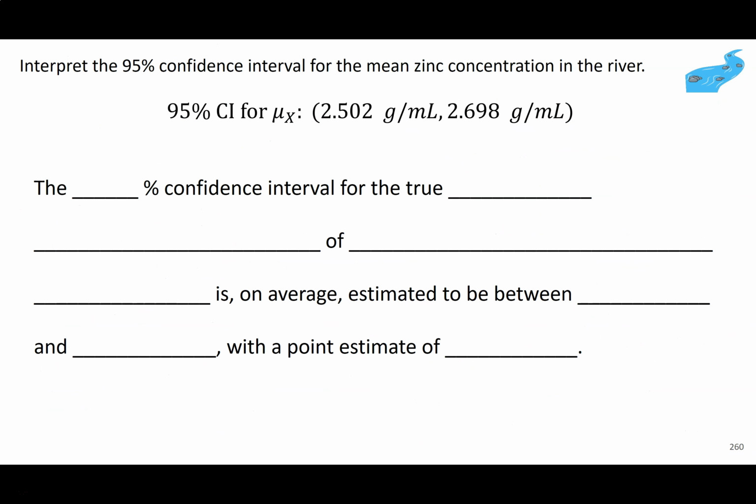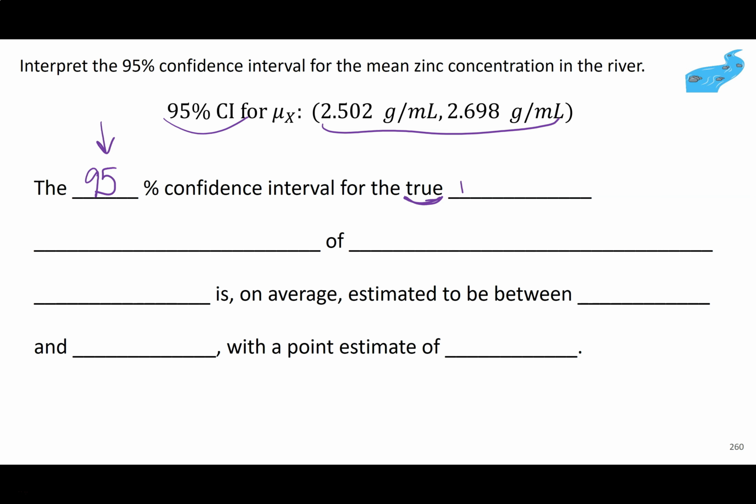So here's my confidence interval. I cheated and put it there to help me out. Now I want to go ahead and write this up. The 95% confidence interval, I honestly think this particular blank is the easiest one to fill in. For the true, note that when we put true, we're usually talking about a population parameter. We're not going to ding you if you use the word true, but just know that when we use the word true, we're specifically talking about a population parameter.